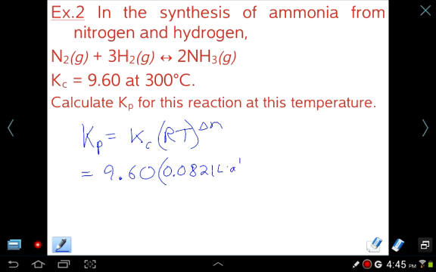Liters atmospheres per mole Kelvin. Multiplied by temperature, in this case 300 degrees Celsius. We have to add 273. Because our gas constant is in terms of Kelvin, we'll have to make sure that our temperature is also in terms of Kelvin. So 300 plus 273 gives us 573 Kelvin. And that's what we will put for the temperature.